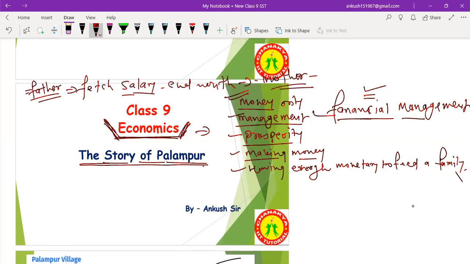What does she do? Actually, she manages to keep aside some money and uses some of it for the daily needs. She does not tell your father that she has some money left.